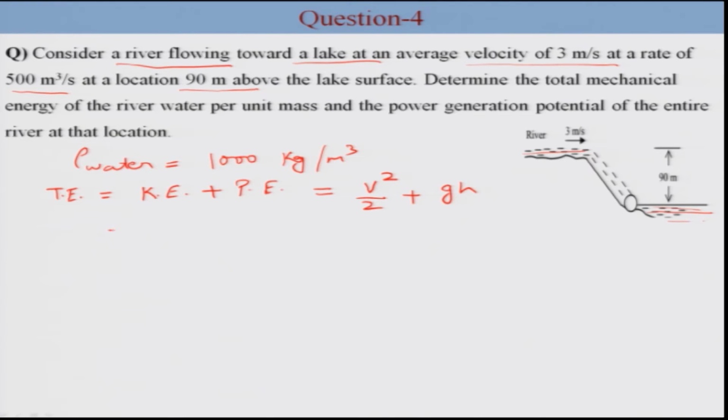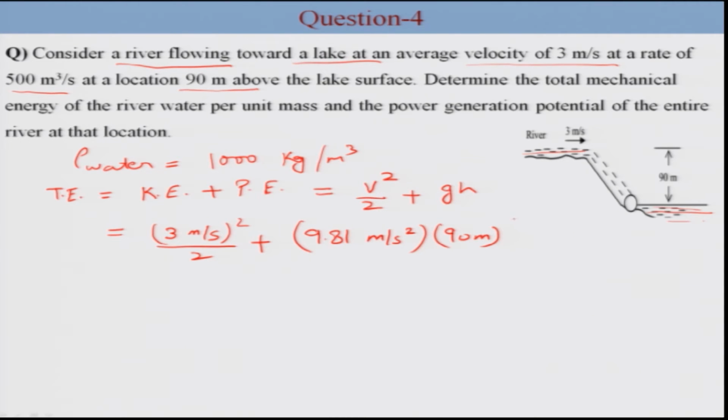So, velocity is given as 3 meter per second. Square of this divided by 2 plus g is 9.81 meter per second square and h is 90 meter.